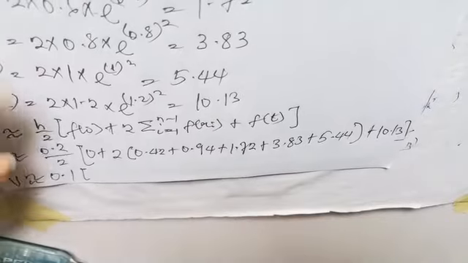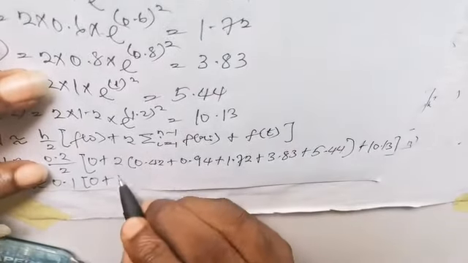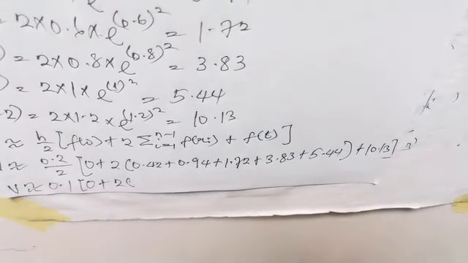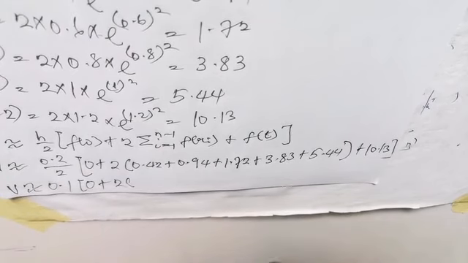Multiplying all through, this is 0 plus 2 times, and I will add up everything in this bracket: 0.42 plus 0.94 plus 1.72 plus 3.83 plus 5.44. The whole of that summation gave me 12.35.